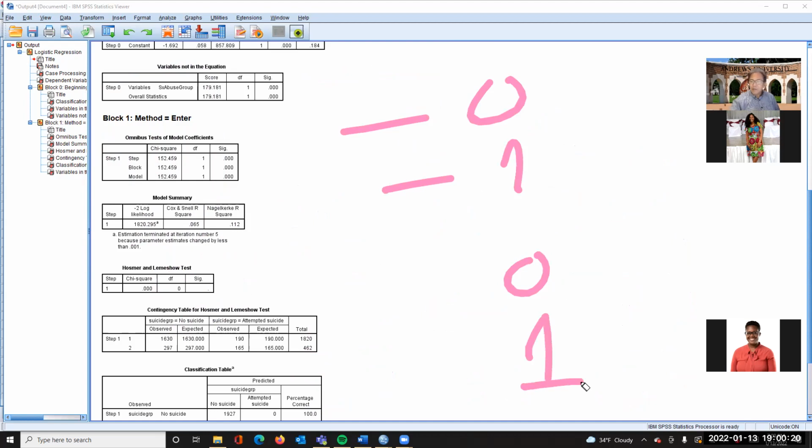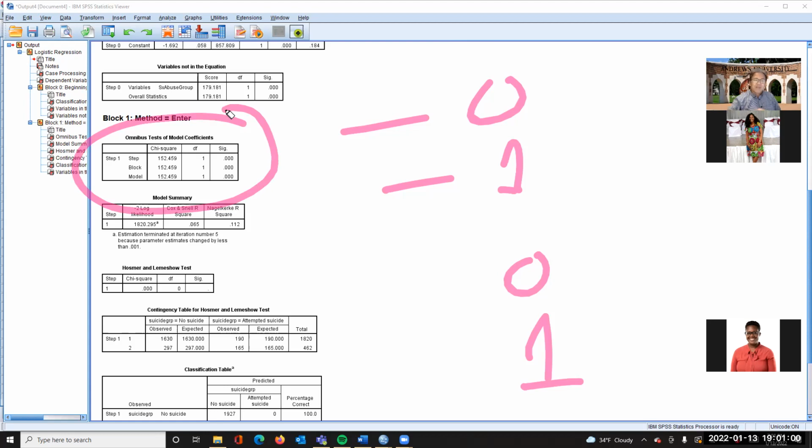If there are no differences in the proportion of people who commit suicide in relationship to the number of people who have been abused, then we have a goodness of fit, and therefore our chi-square will not be statistically significant.